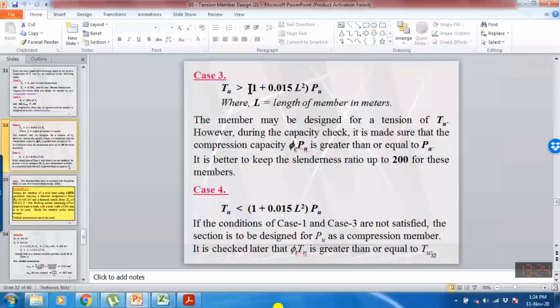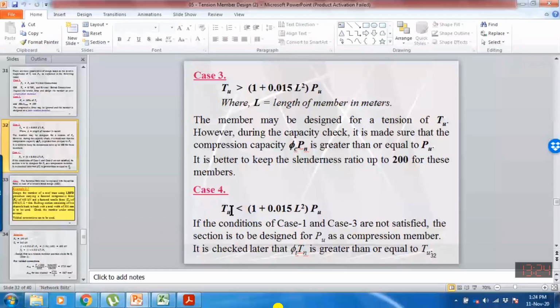Condition third and fourth are for stress reversal. If TU is more than this parameter, this will be a stress reversal member that will be designed for tensile forces, but capacity will also be checked for compression. But if this condition is not satisfied, TU is less than this parameter, then this member will be designed as a stress reversal member, designed as a compression member, but it will also be checked for the tension.